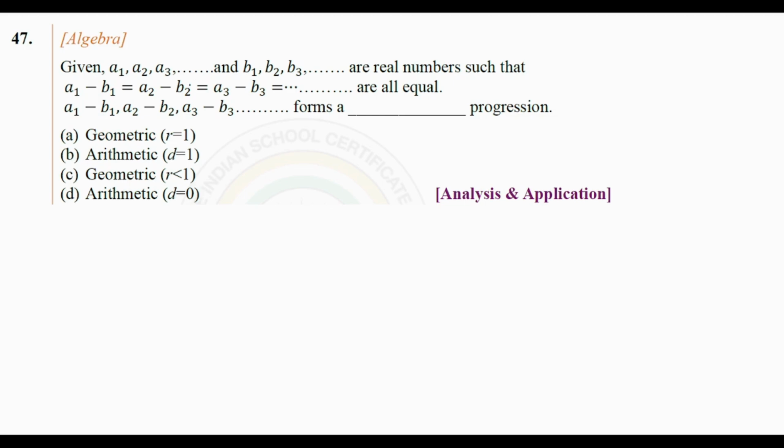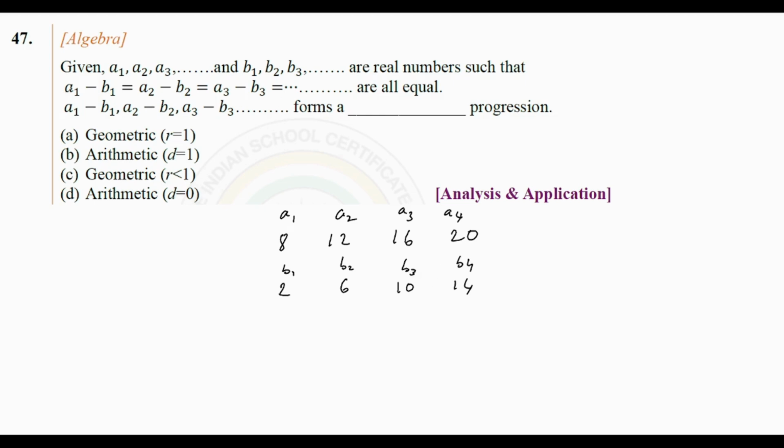For A1, A2, A3, A4, I'll randomly take 8, 12, 16, 20. Then one more series, 2, 6, 10, 14. This I call B1, B2, B3, B4.